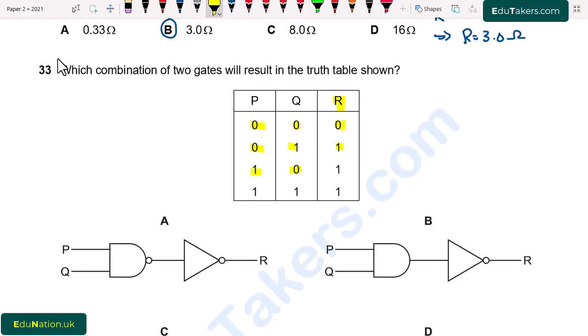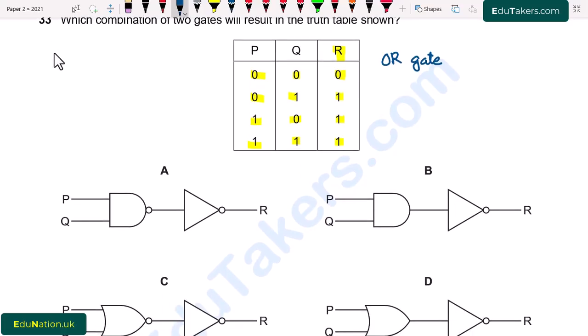Next is 0 and 1, the output is 1. 1 and 0, the output is also 1. Again, when both of the inputs are high, the output is also high. This is basically OR gate. In the OR gate, if any one of the input is high, the output will be high. Now we have to check which combination of the two logic gates will result in the OR gate.